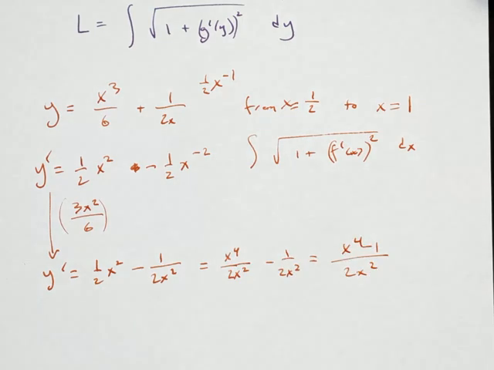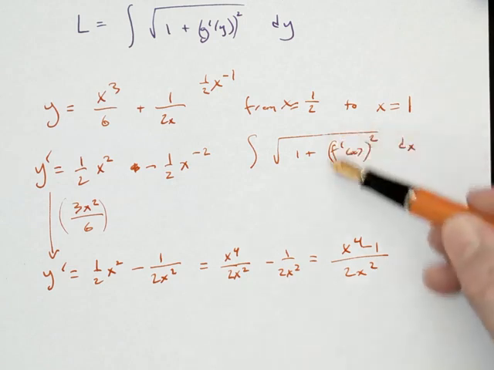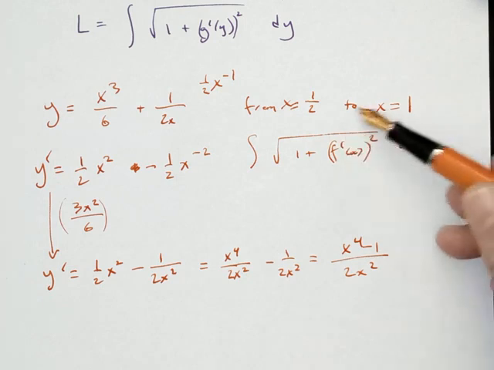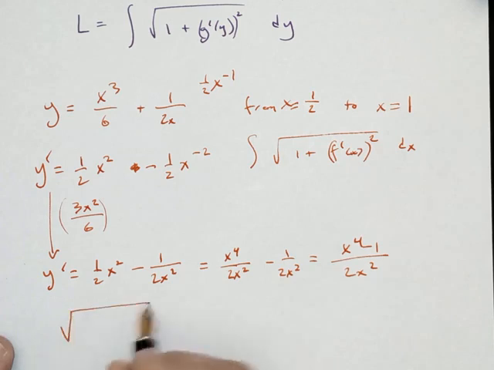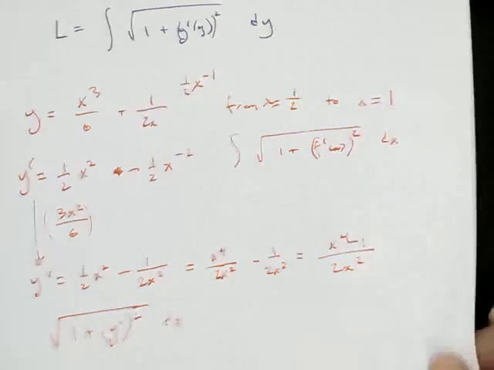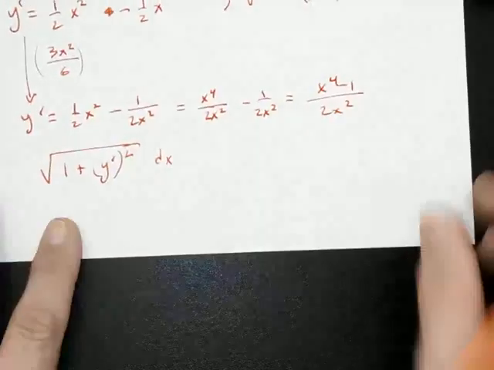Now, why did I do that? I did that because I'm going to need to square this derivative. Remember, my goal is to do the integral of the square root of 1 plus f prime, well, might as well write y prime, squared dx. So we need to figure out what that square root is. So let's do that.